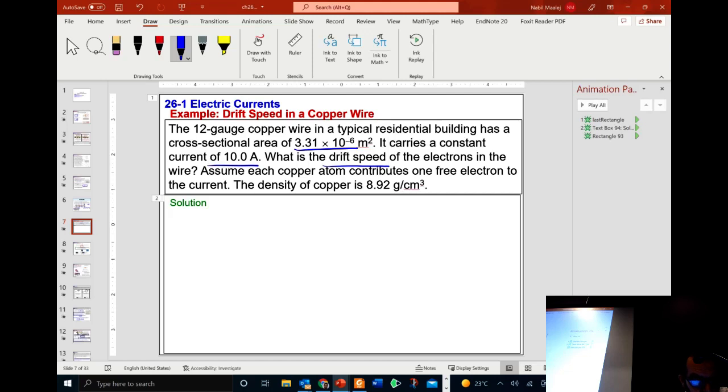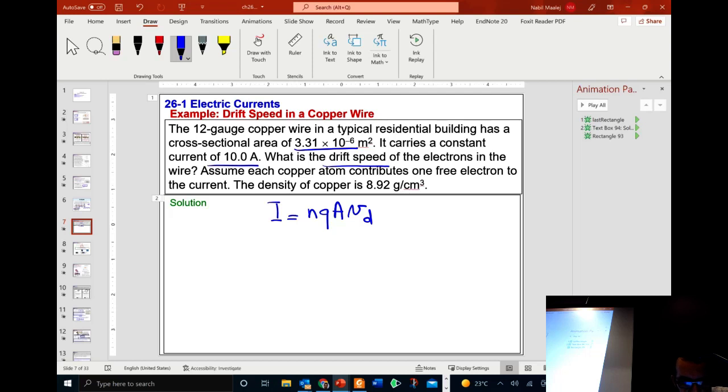We have an equation that relates the average current to the drift velocity. Remember, it's I = nqAv_d. n is the number of charges per unit volume.